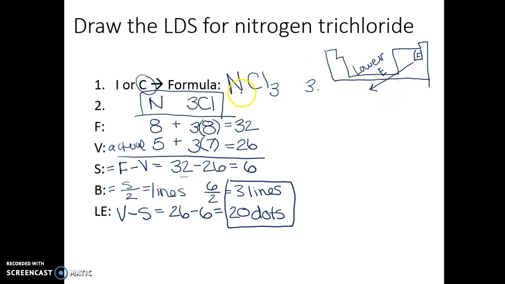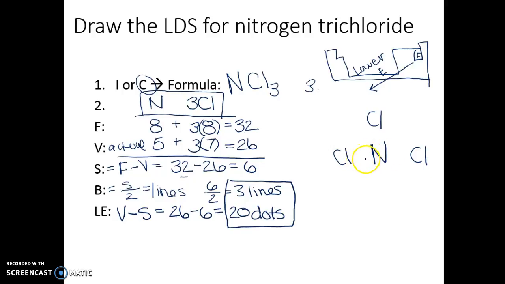So nitrogen is farther from fluorine than chlorine, so it's going to go in the middle. I have 3 chlorine. I'm going to stick them as far away from each other around the nitrogen as I can. Remember, we don't want to stick them in a straight line.